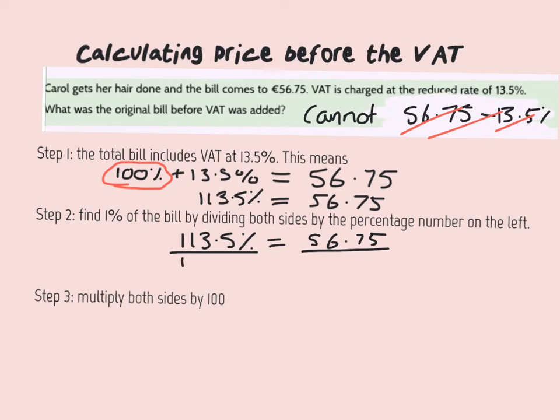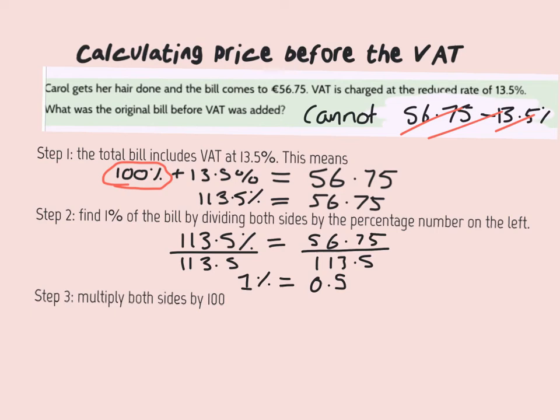So I'm going to simply divide both sides by 113.5. If I do it to one side, I must do it to the other. And that's going to give me 1%, because if I divide 113.5 by 113.5, I get 1%. And on the other side, I'm going to divide 56.75 by 113.5, and what I'm going to get is 0.5.